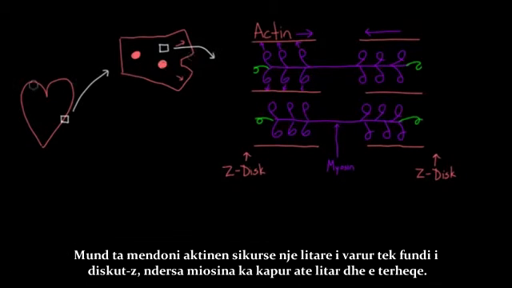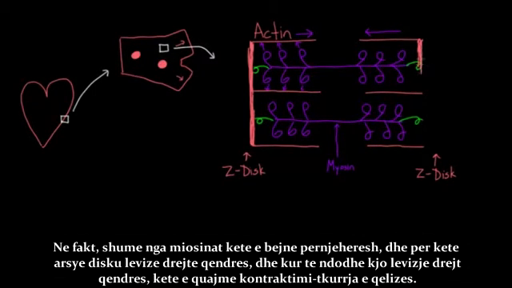And you can think of the actin as like a rope hanging off of this Z-disc. And the myosin is literally hands-on, grabbing the rope and yanking on the disc. And in fact, lots and lots of myosin heads are doing it all at once, in unison. So that's why these discs get moved towards the center.